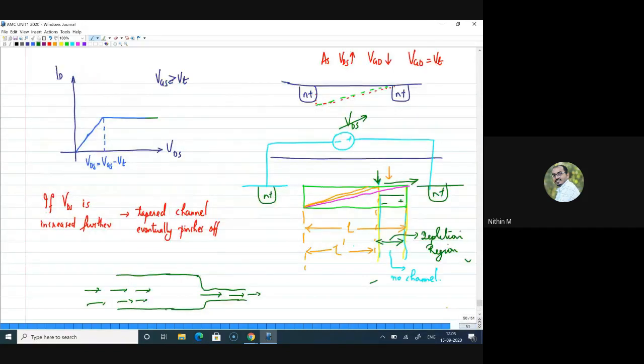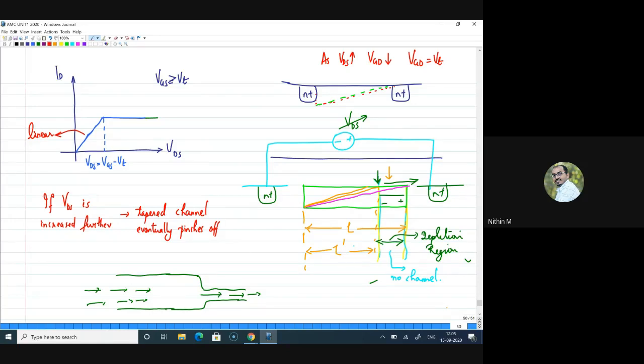If I look at this ID-VDS graph, initially we understand that in this portion you have a linear increase in current as you increase your voltage. This region is identified as the linear region because your current is increasing in proportion with the voltage.